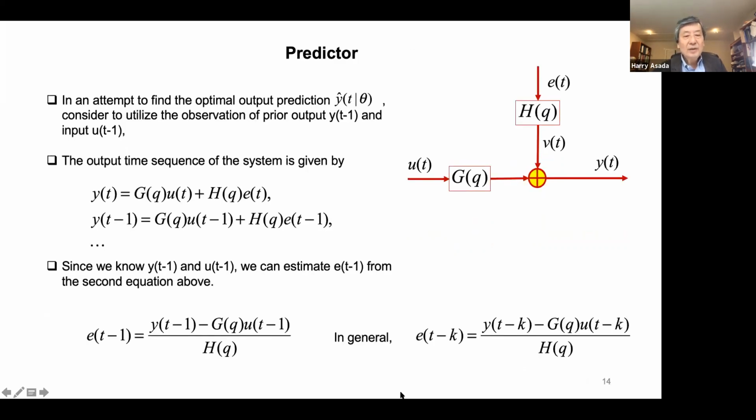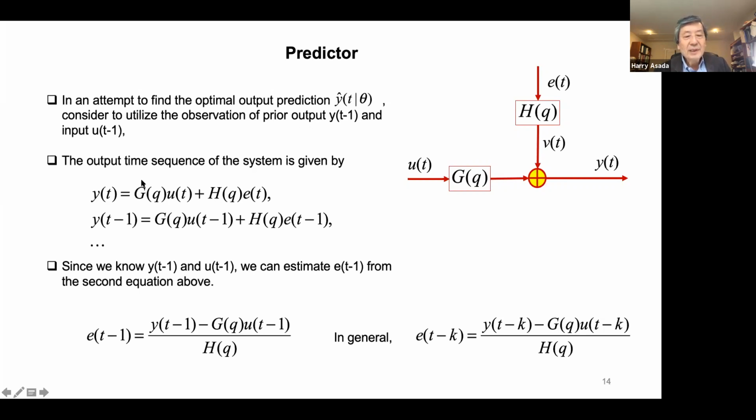Okay, so now the predictor. If we model this noise dynamics H(q), we can predict this colored noise to some extent. Let me explain why and how we can do that. In an attempt to find the optimum output predictions, we consider the best we can do, utilizing the observation of the prior output y(t-1) and u(t-1).